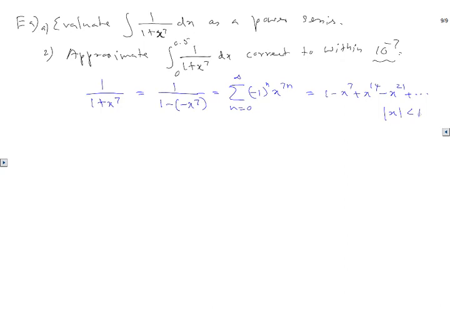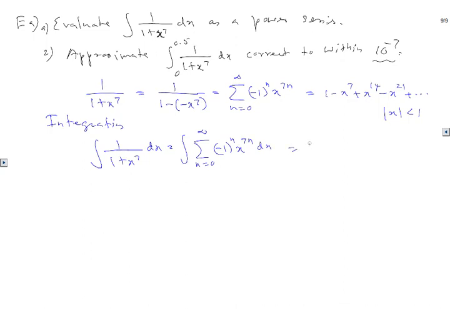Now what we do, integrate both sides. Integrating, you're going to get the integral of 1 over 1 plus x to the 7 dx is the integral of sigma n going from 0 to infinity, negative 1 to the n, x to the 7n dx. We're going to switch the integral with the summation, and also pull out the negative sign, so it is x to the 7n dx.